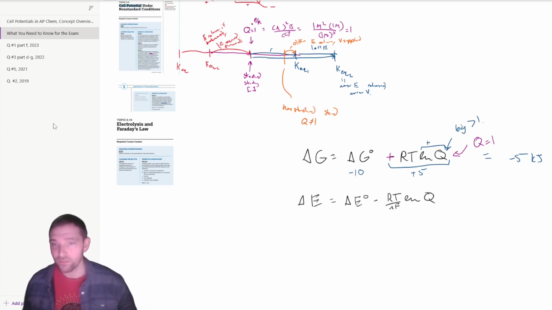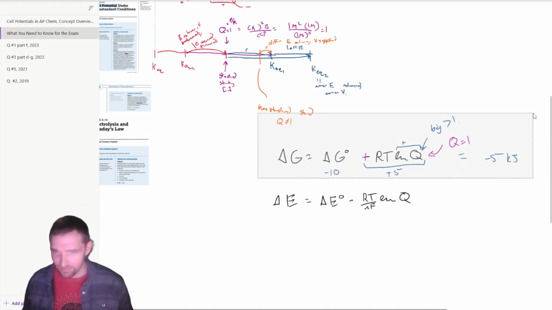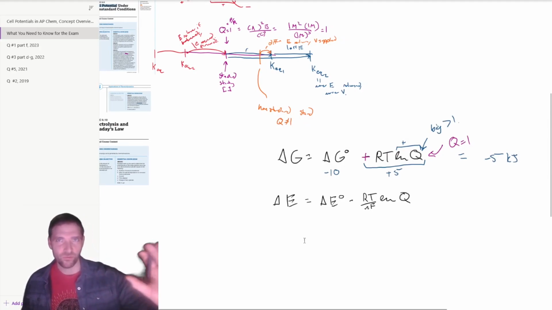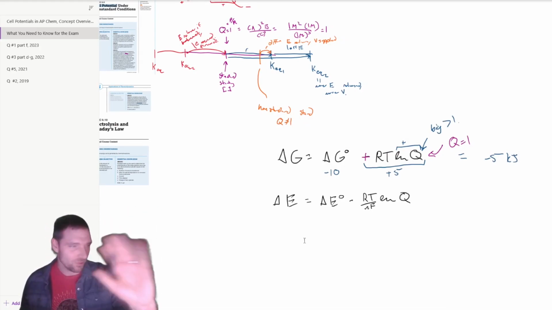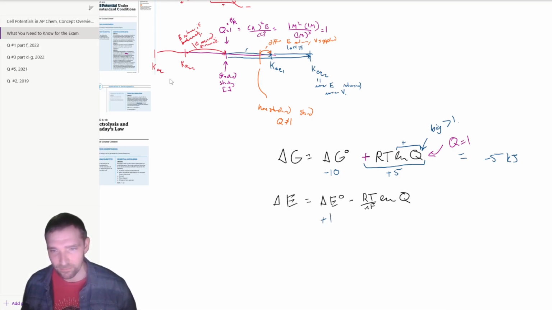And the same sort of thing happens with the electrical potentials. And although this formula isn't on the AP exam, there are questions relating to this conceptually. So you'll see that soon. So if we're talking about the spontaneous thing here, this might be like a positive number. This might be, let's just say, a positive 1 volt or whatever.